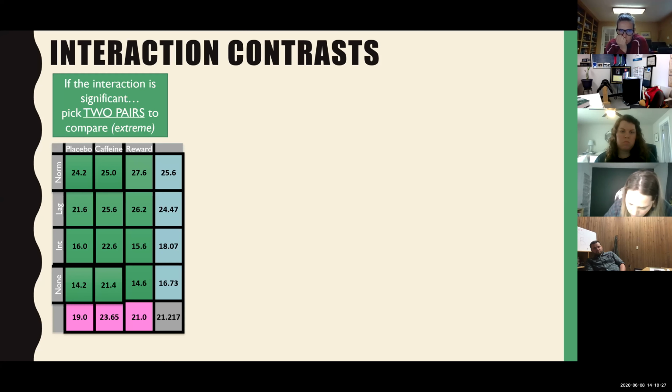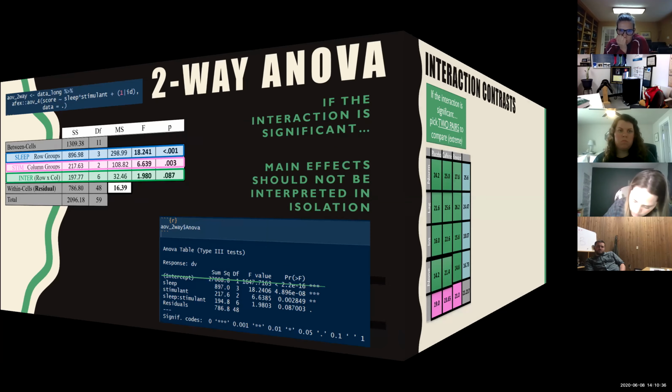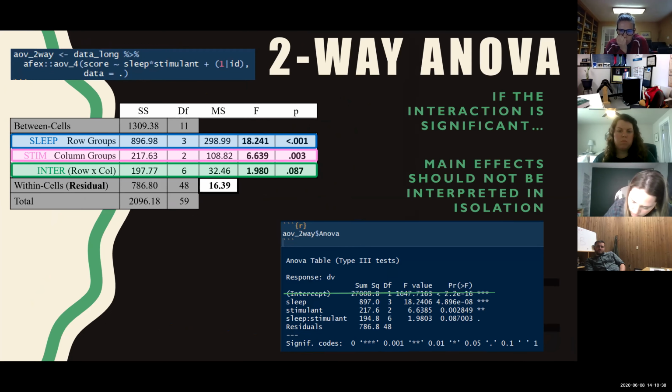Right. Okay. So right now, it is saying that we can interpret the sleep main effect and the stimulant main effect because they were both significant and the interaction was not. Yes. So strictly, if we're going to say this interaction is not significant because the p-value is bigger than 0.05, which we usually would, then we could say there is no evidence of a significant interaction, and then you can go on to interpret the two main effects on their own.